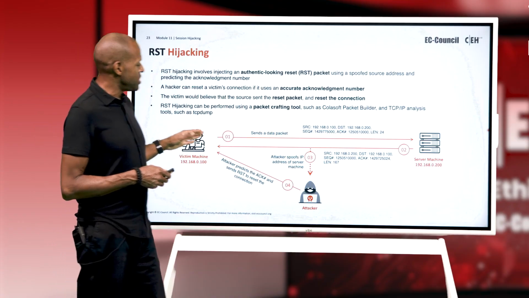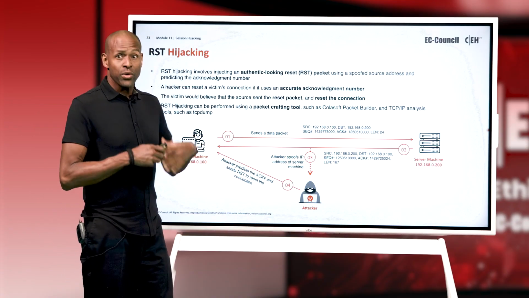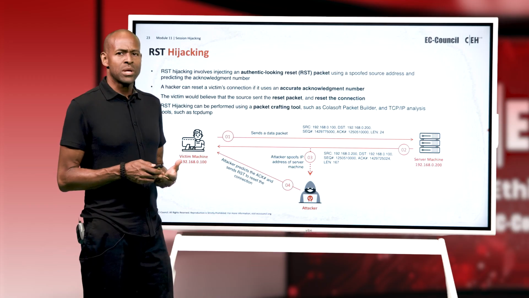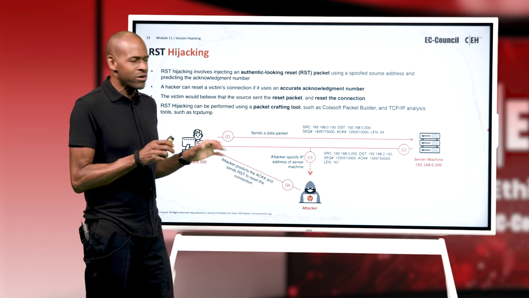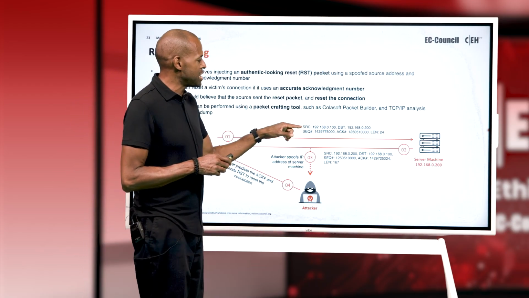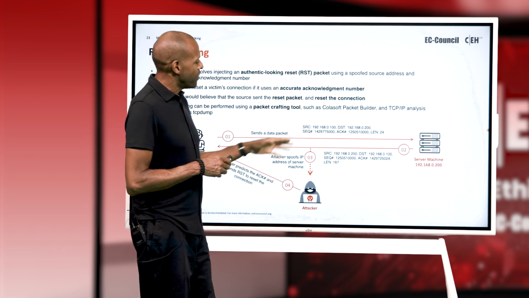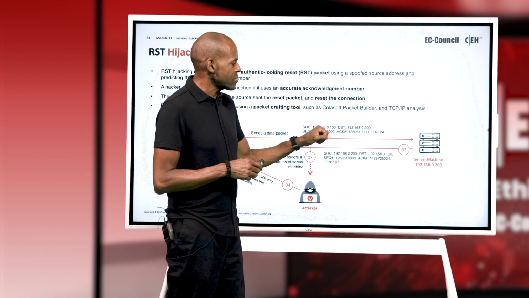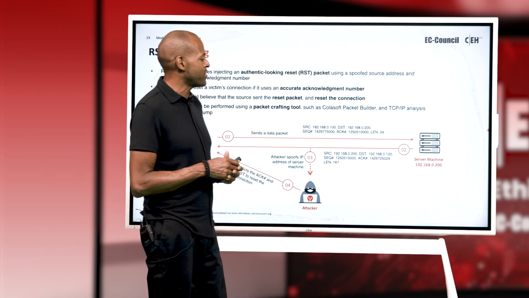is this user sends data. If you examine it, you can use Wireshark or many other tools. You can zoom in on what they are sending, and they have their source and destination. The source is the user. The destination is the server. There's a sequence and acknowledgement number and a length, and there are other things that happen with this packet.